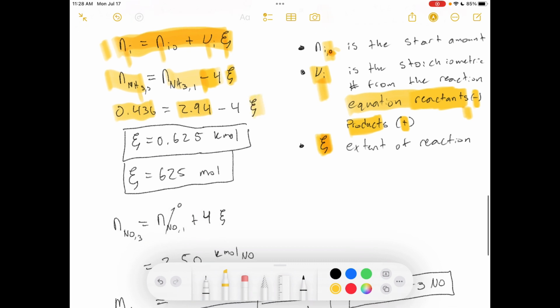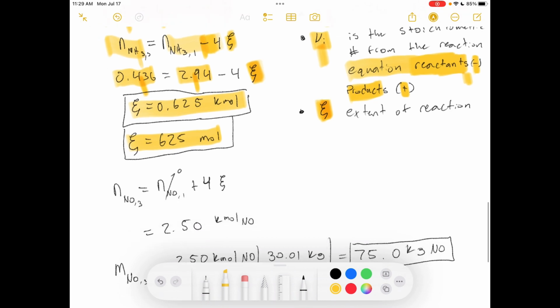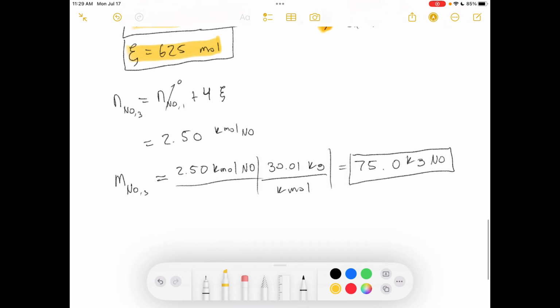Then we solve for epsilon. This is epsilon in kilomoles because we solved in kilomoles, and then we converted into moles because it asked for moles. Yes, the extent of reaction does have units, so pay attention to that.